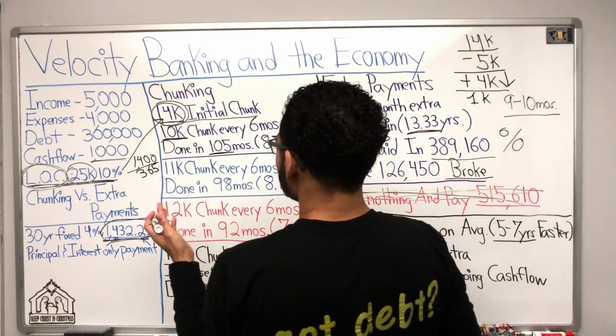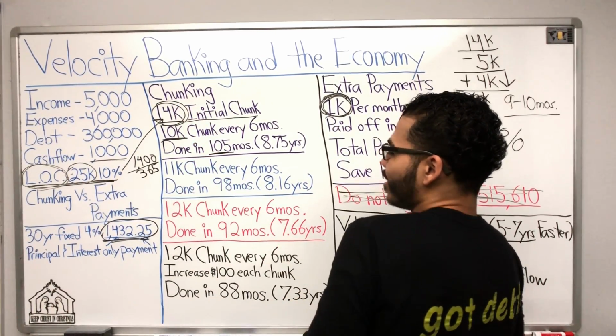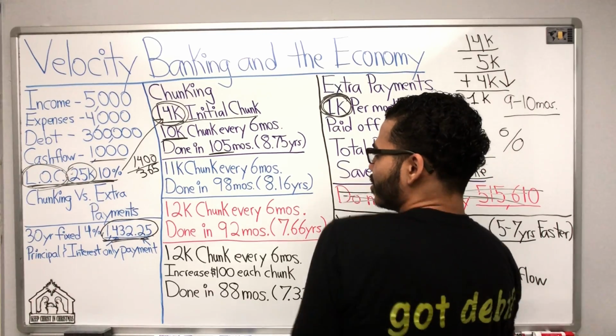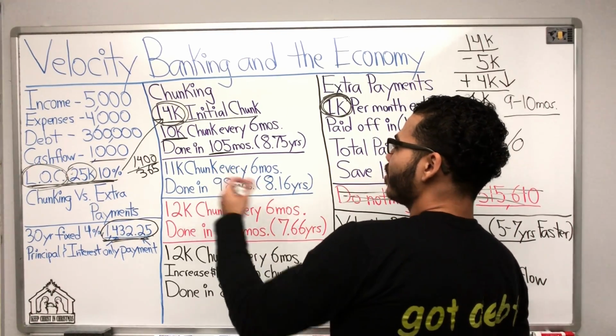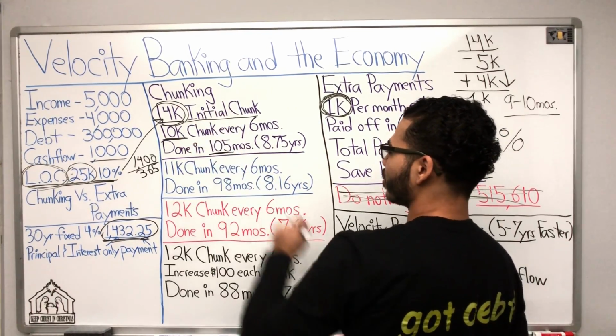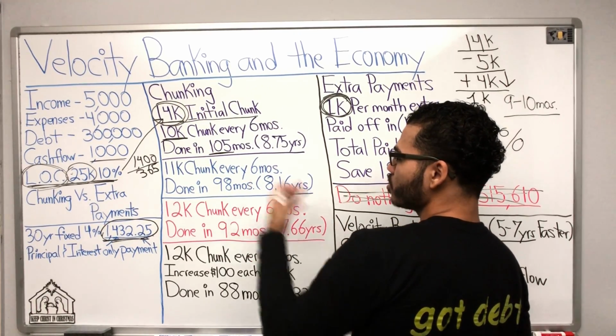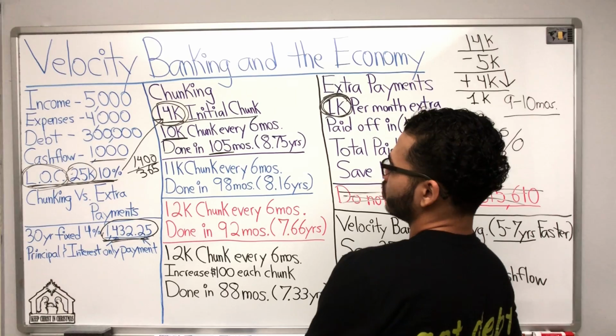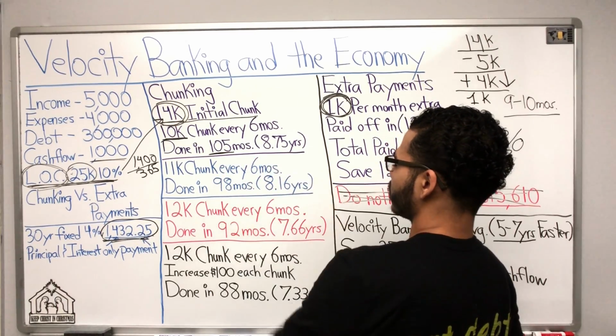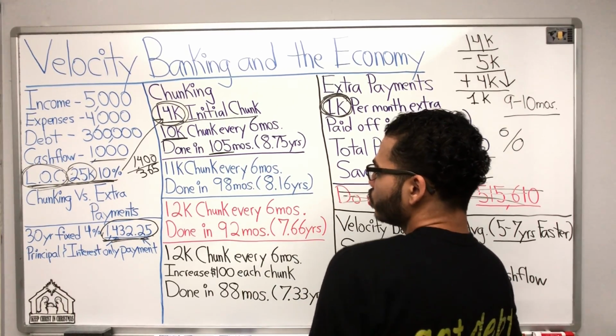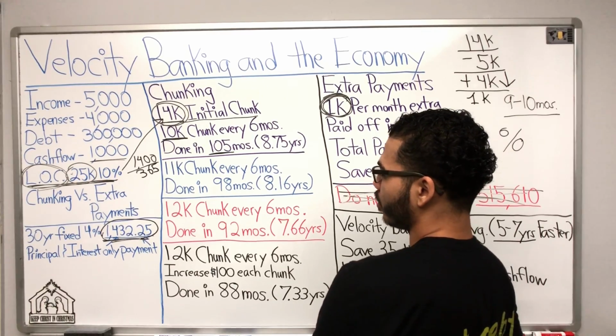So let's up the ante a little bit. What if we did the same thing? Initial chunk of $14,000, and you said I'm going to make an $11,000 chunk every 6 months. Can we do that? Sure we can. Why?